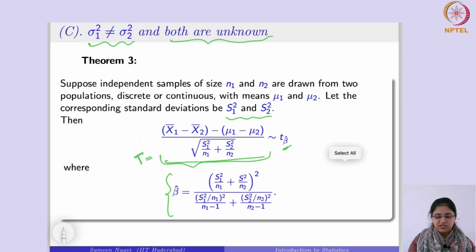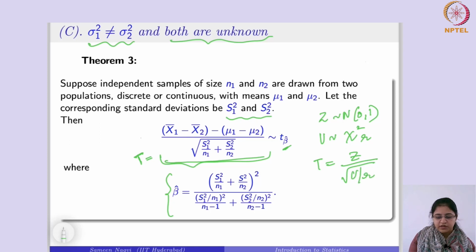T distribution arises basically if you have a standard normal variate, okay, and you have another random variable V which is following chi-square with, suppose, r degrees of freedom. Then if you define t as Z over square root of V by r, this would follow t distribution with r degrees of freedom. This is the common understanding that we have.